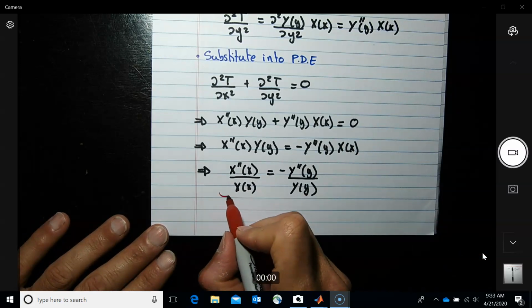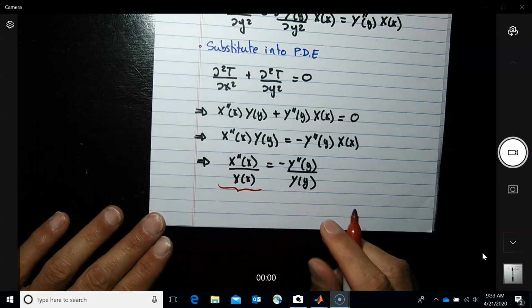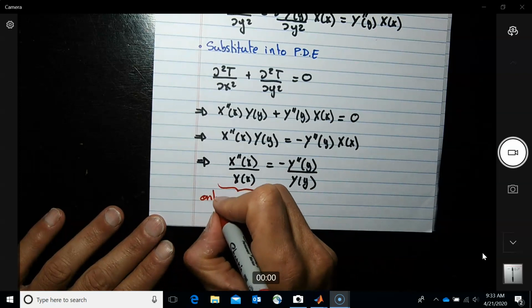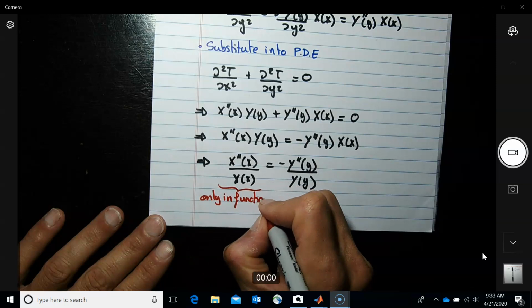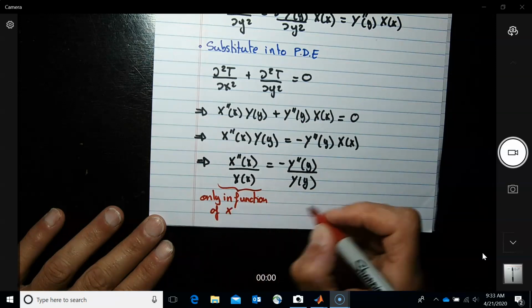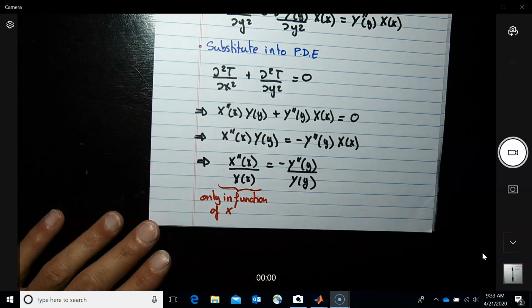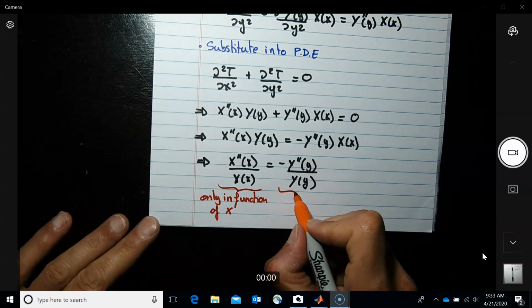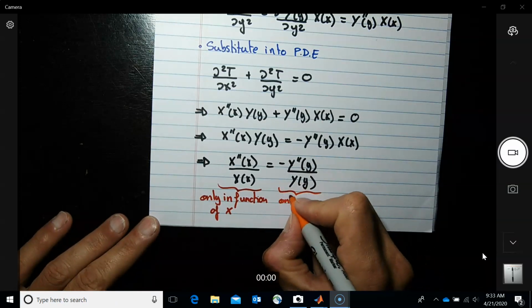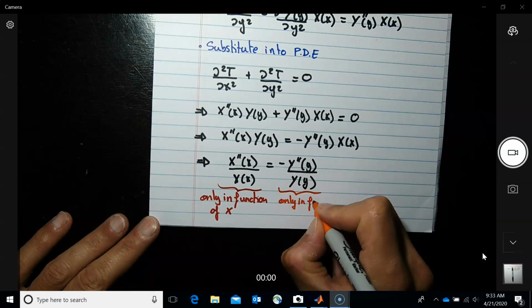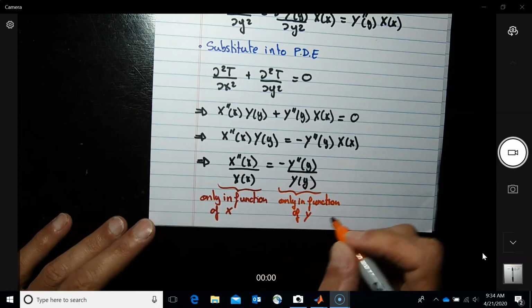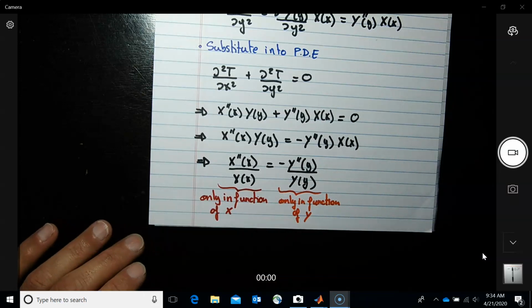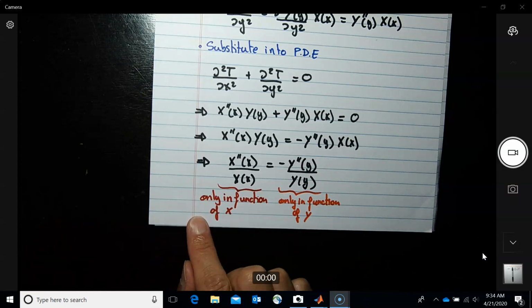This side is only in function of x, and this one over here is only in function of y.